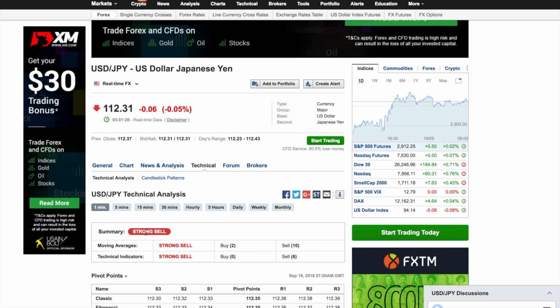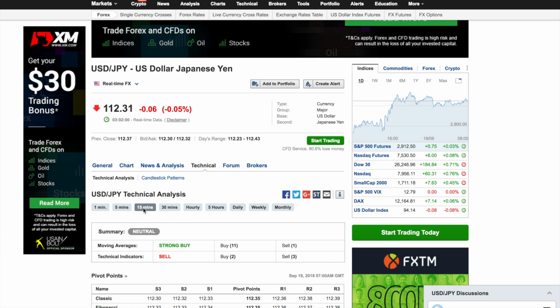So in this case we do want to be trading on the 1 minute time frame, but for example, on another pair you might go on the daily and it's a strong buy, 5 hour strong buy, hourly strong buy, 30 minutes maybe it's a neutral, and then on the 15-minute maybe it would be a sell. Let's just make that as an example. If the 15-minute were to be a sell, then we'd be looking for a buy setup on the 15-minute.